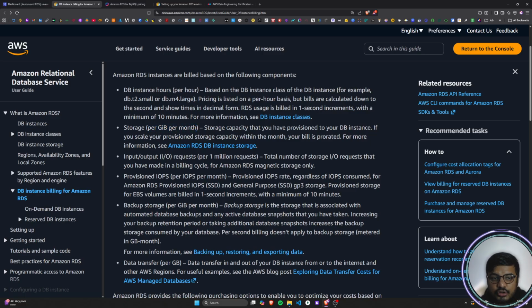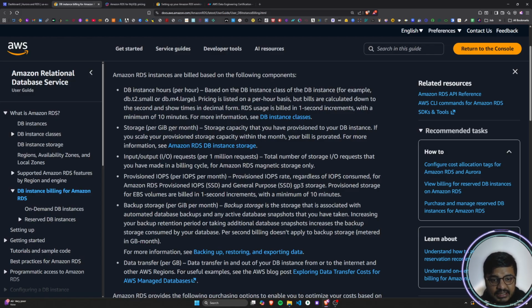Storage is calculated. Some people think that we only get charged for the storage. If I'm storing my data into my database, some people think that we only get charged for storing our data, but that's not the case.